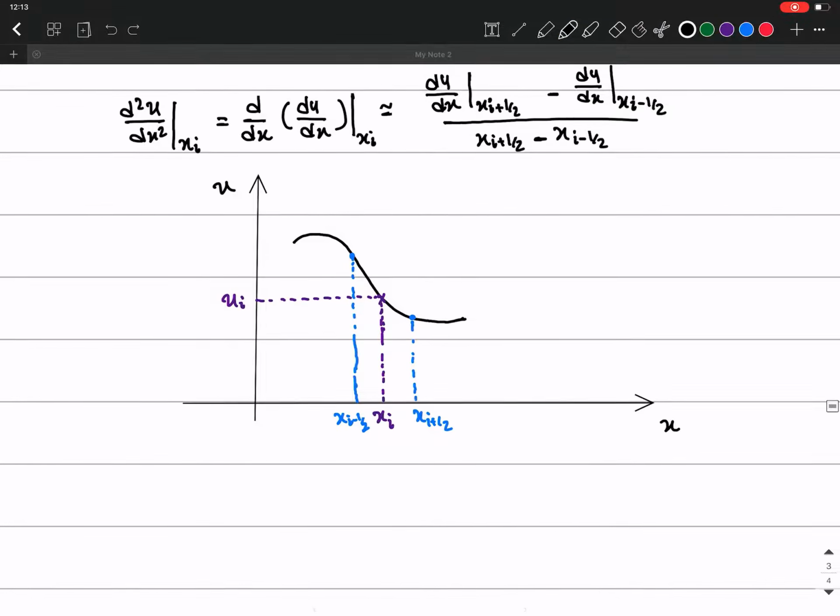This is also approximately equal to the first derivative here. Let me change the colors a little bit so you can understand what I'm doing.